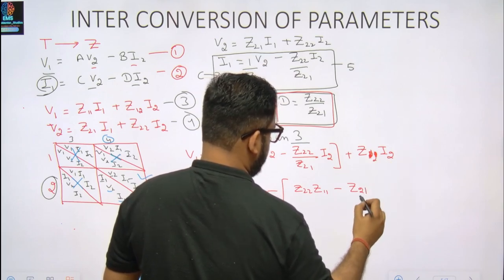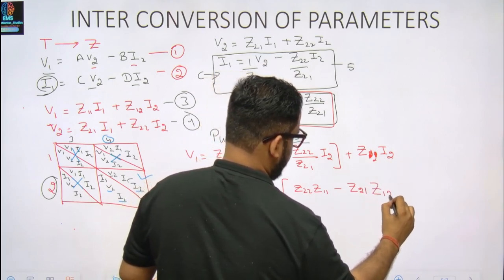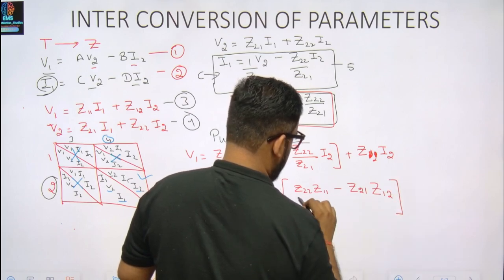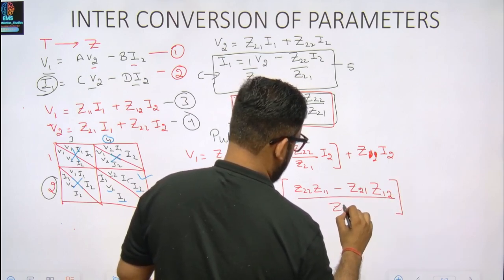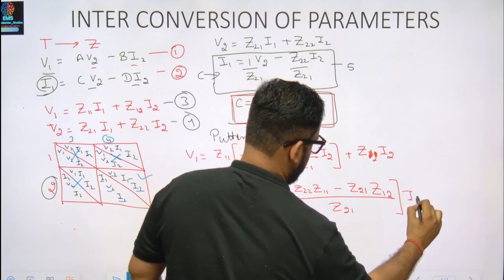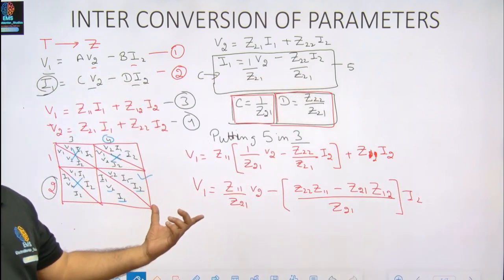So Z21 into Z12 divided by Z21 I2. So this is what I've got.